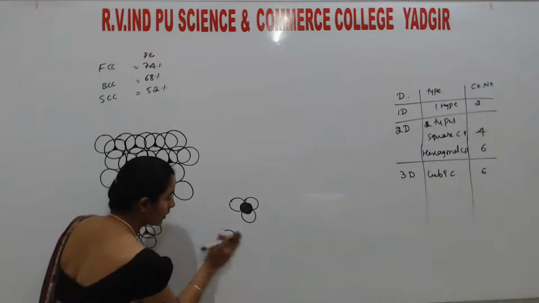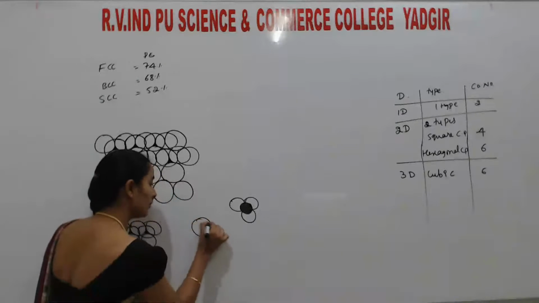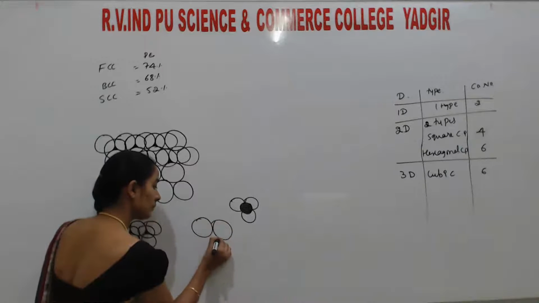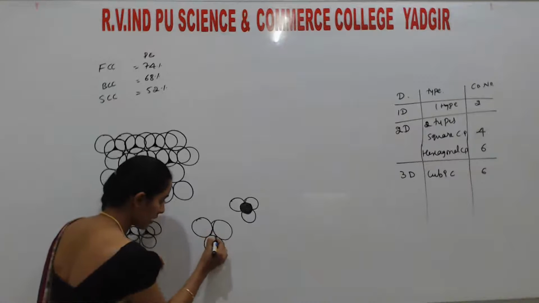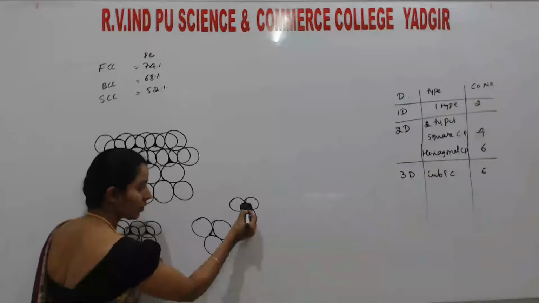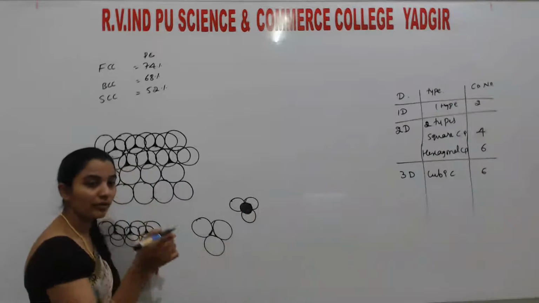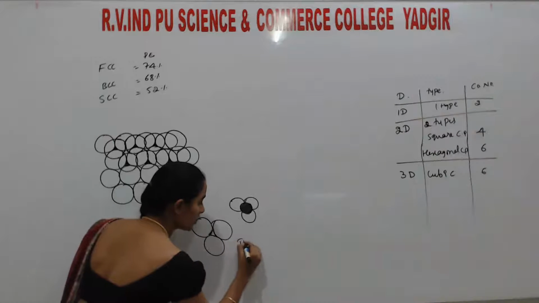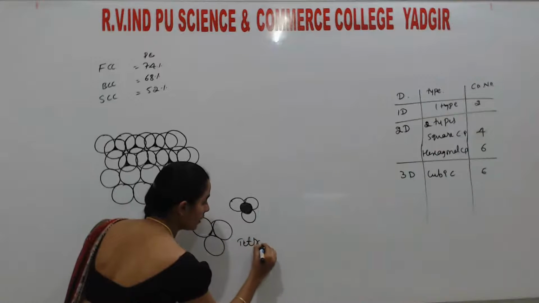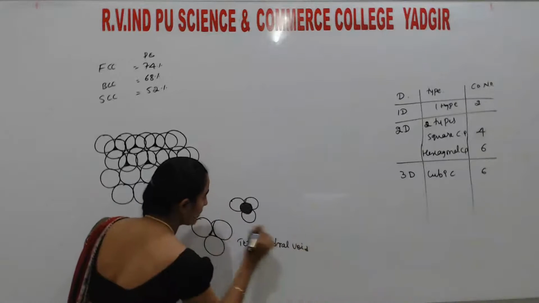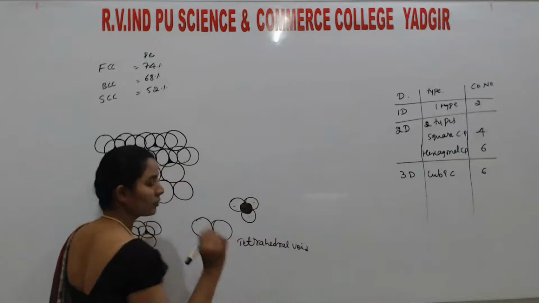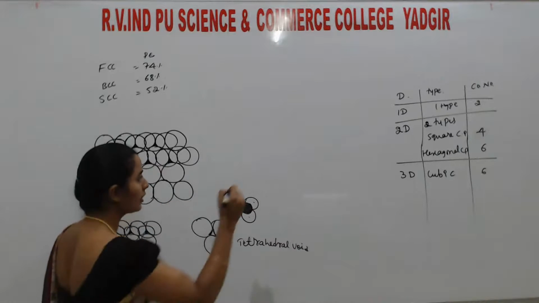Are you observing? I hope you can see the void here, the gap. This gap is closed by one sphere of the other layer. So that is called a tetrahedral void. Why? Because we are using 1, 2, 3, 4 spheres. They are arranged in a tetrahedral manner.